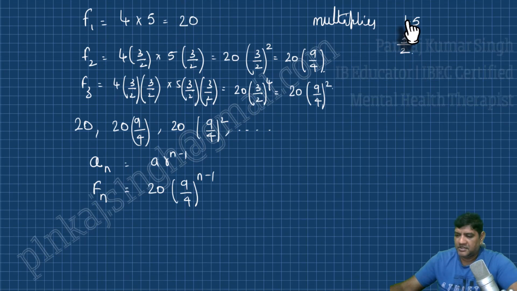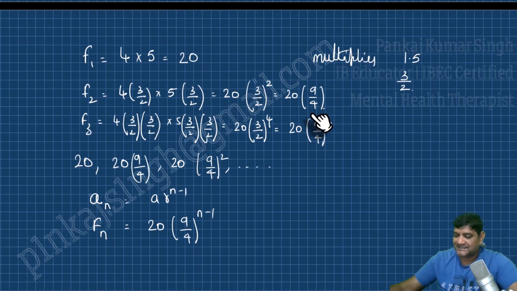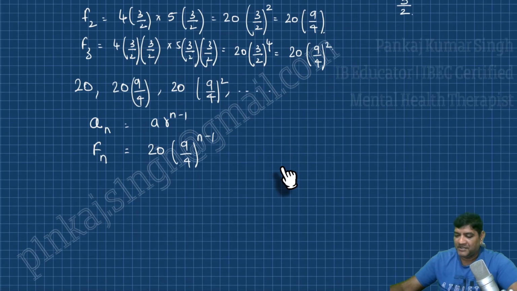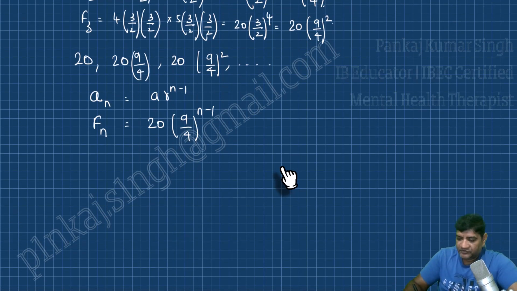All right. Now I know the geometric sequence, and therefore I can go ahead and add this up and find out the sum till the 10th picture frame. Let's do that. So again, we have the first term as 20, and then we have the common ratio as 9 by 4.